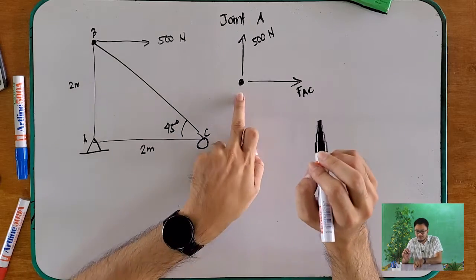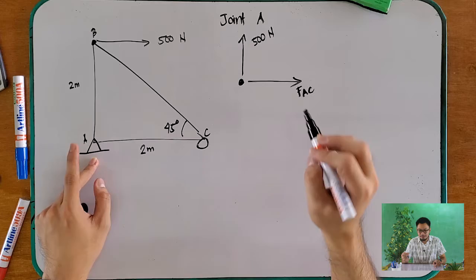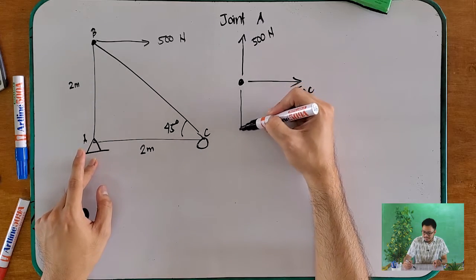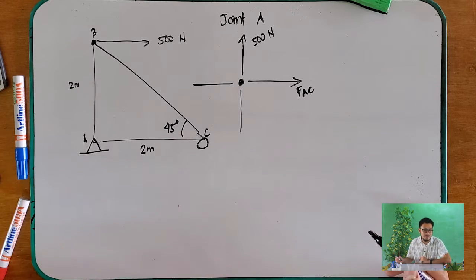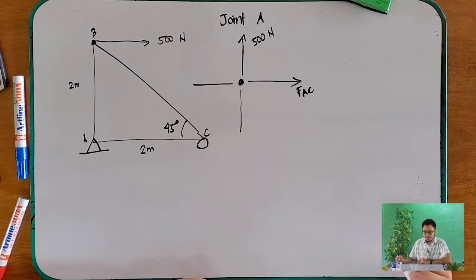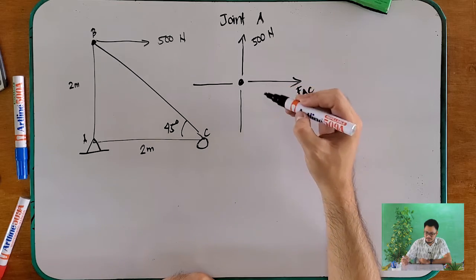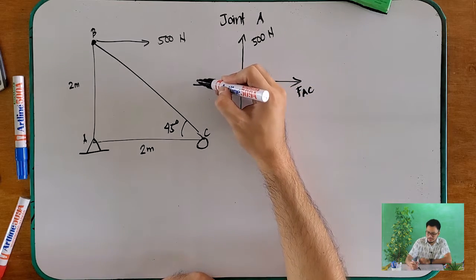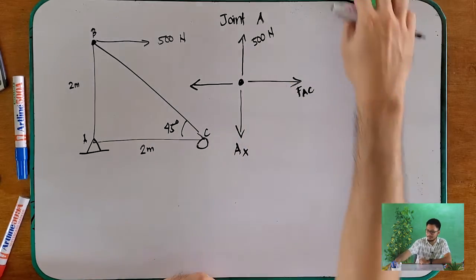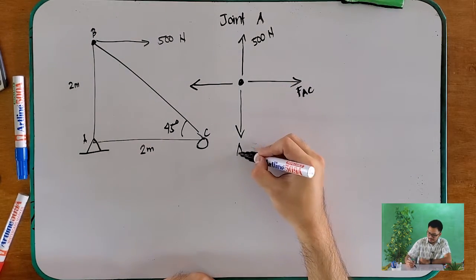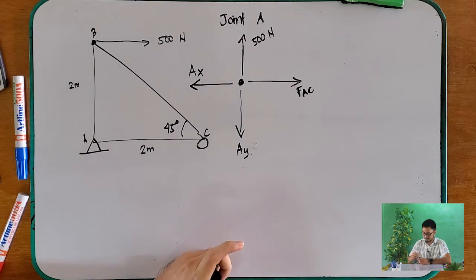Mora ba ni ang atong mga forces? No, because we still have your pin support. Your pin support is restricting your joint on its X and Y directions. So, therefore, we can just assume nga sa atong pin, paing-ana siya. So, AY and AX.